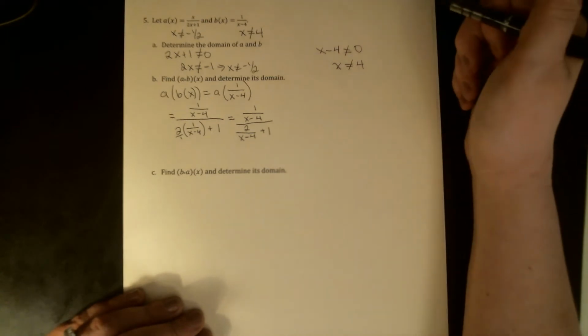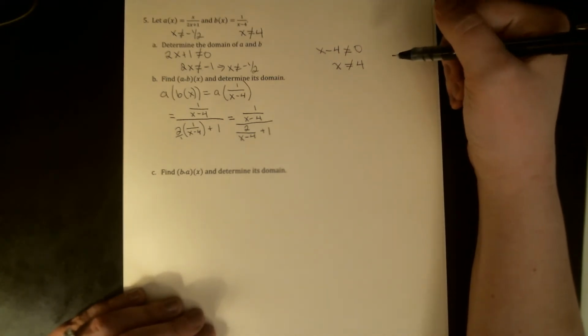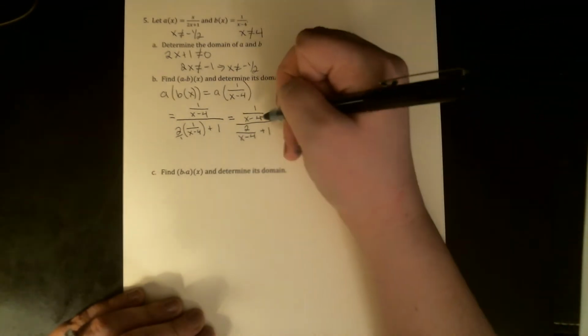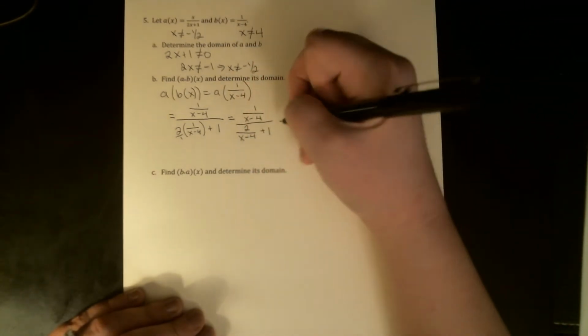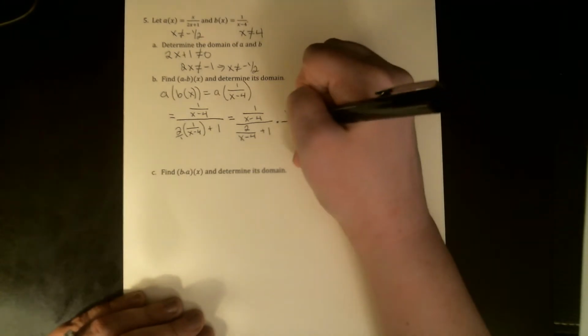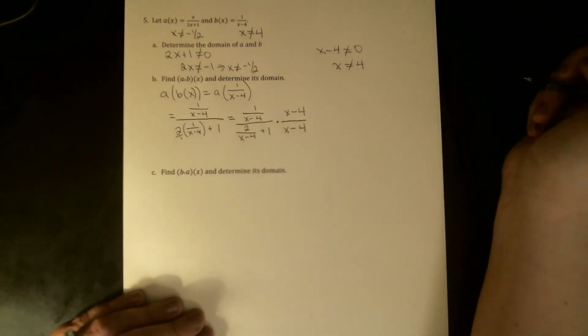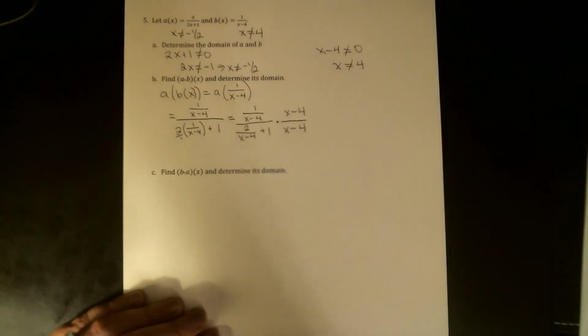To clear fractions, the efficient way to do this is to spot the least common denominator for any of these inside fractions. So for the x minus 4, the LCD is just x minus 4. And then we can take advantage of the fact that we have this big fraction bar, and we can multiply top and bottom by that to try and cancel out denominators.